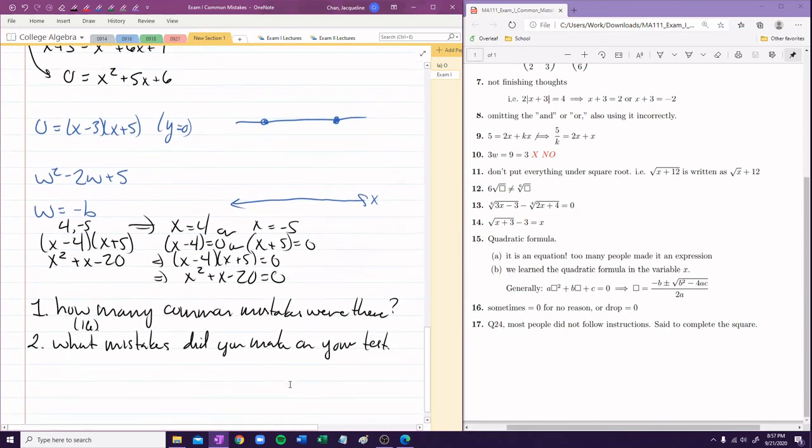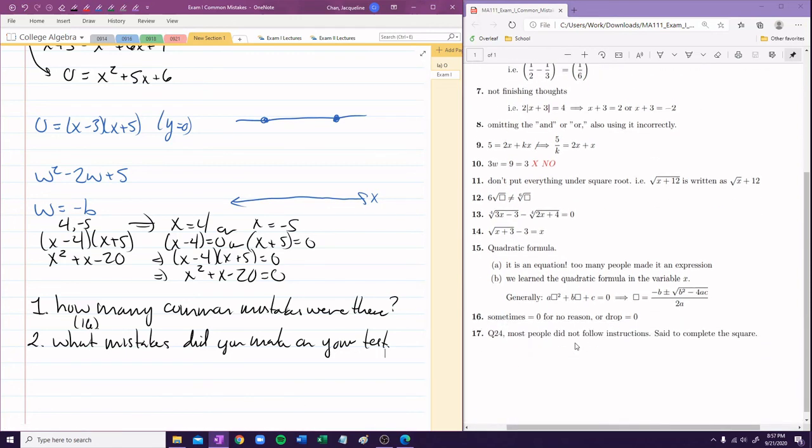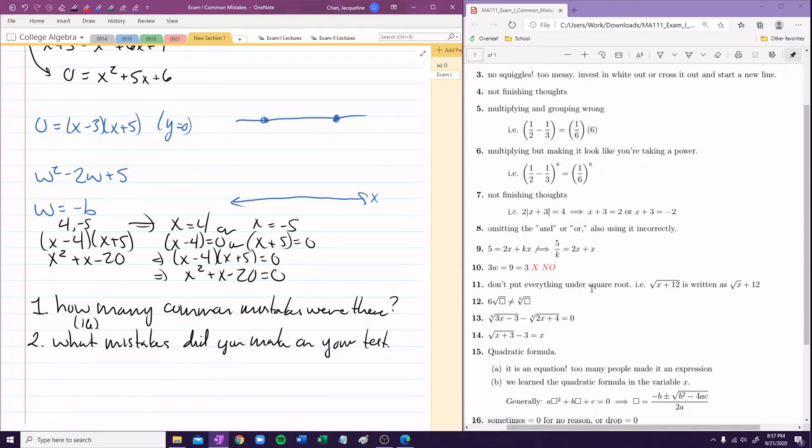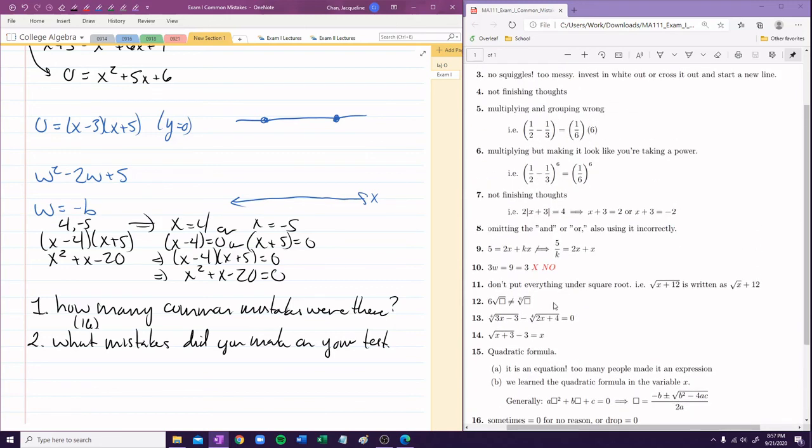I would really look at the ones that you missed points on, but I would still look at your problems overall, because there were a couple of things that I didn't think were big enough to take off for. But mainly look at these 16 issues and tell me what you did. The purpose of this is just to reevaluate what you did, so you're aware of it and hopefully you don't do it on the next test.